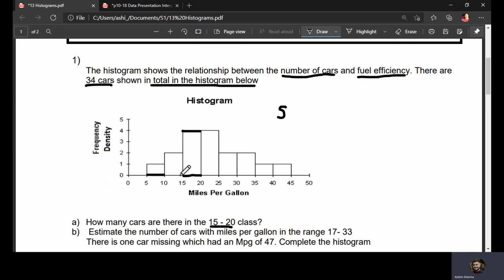Area of this bar, 5 times 2. And if you add up all these areas, 15 to 20, that's 5 times 4, 20. What you'll get is a total area of 85 graphical units.